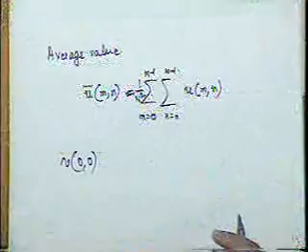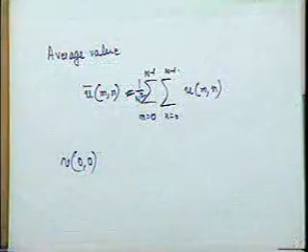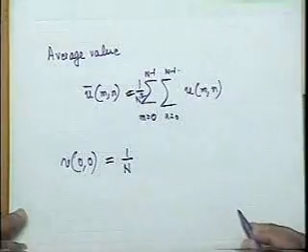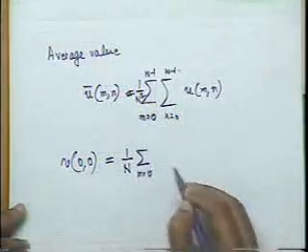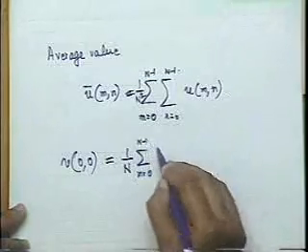Average value directly, or with a little bit of difference in the normalization factor. If you substitute in the DFT expression, the normalizing factor is 1 by n, taking the unitary DFT expression, so that it becomes 1 upon n, summation m equal to 0 to n minus 1, summation n equal to 0 to n minus 1.